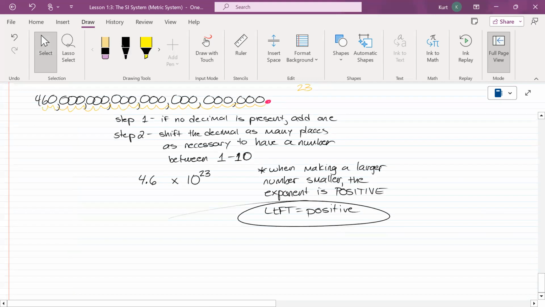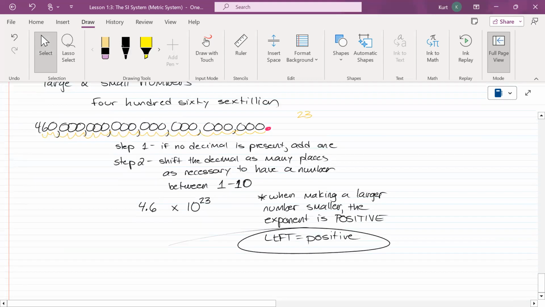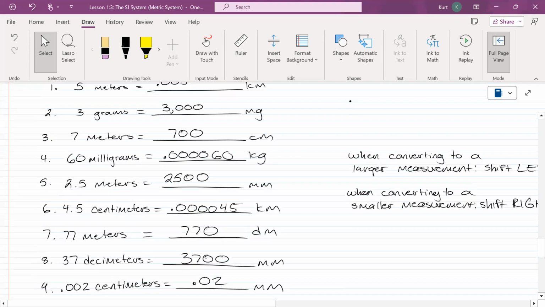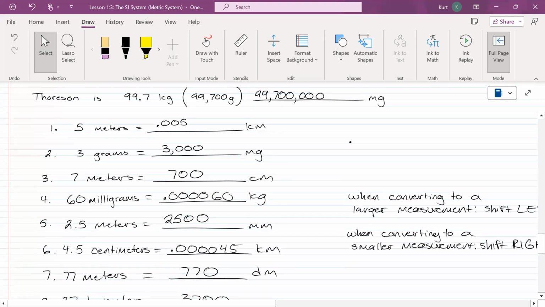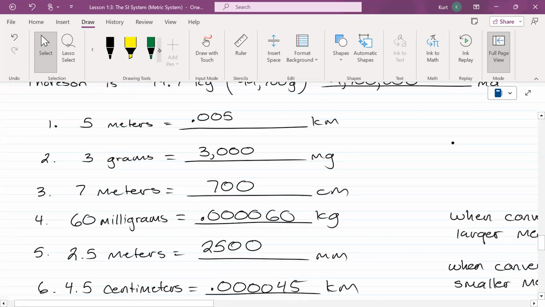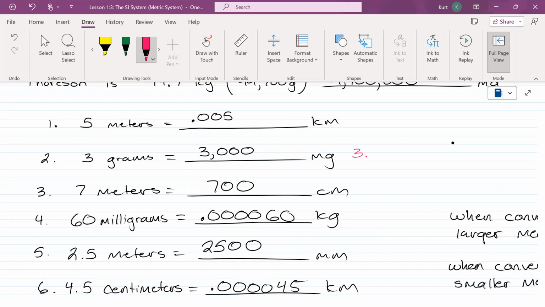So let me give you something a little more manageable. Look back up here. I want you to put 3,000 milligrams into scientific notation, like what you did on number 2. What would it be? Why'd you say negative?